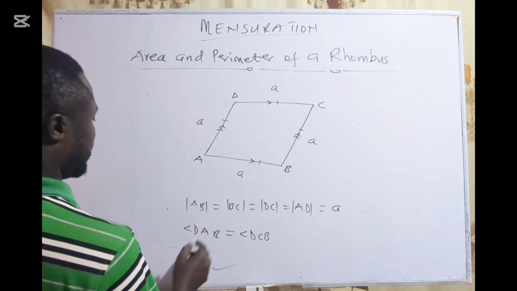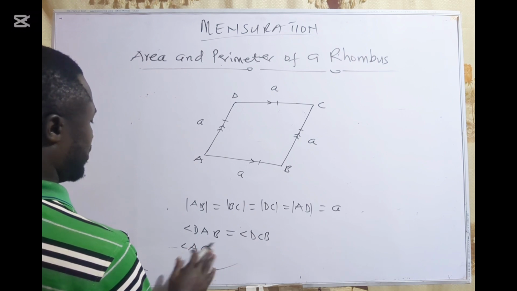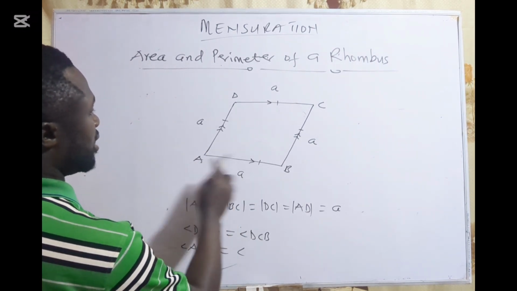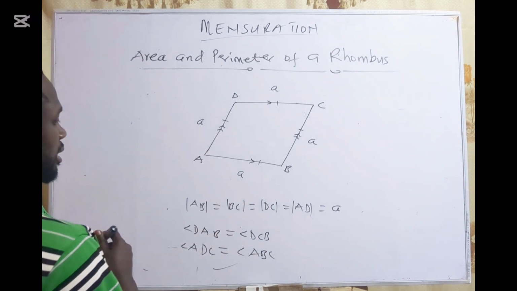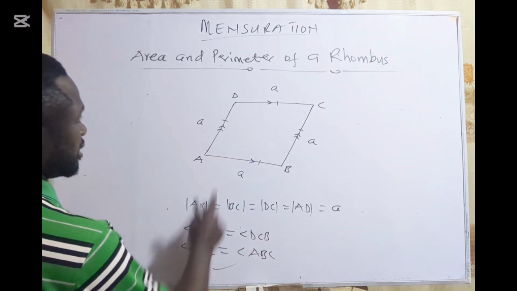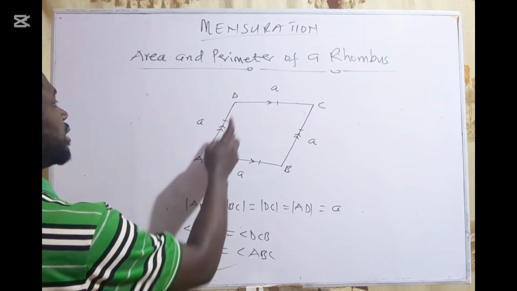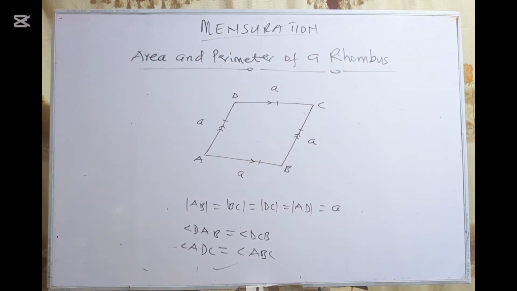And the angle ADC is also the same as angle ABC. So the angles at A and C are the same, the angles at D and B are the same. Opposite angles are the same. And the co-interior angles add up to 180, as we know.